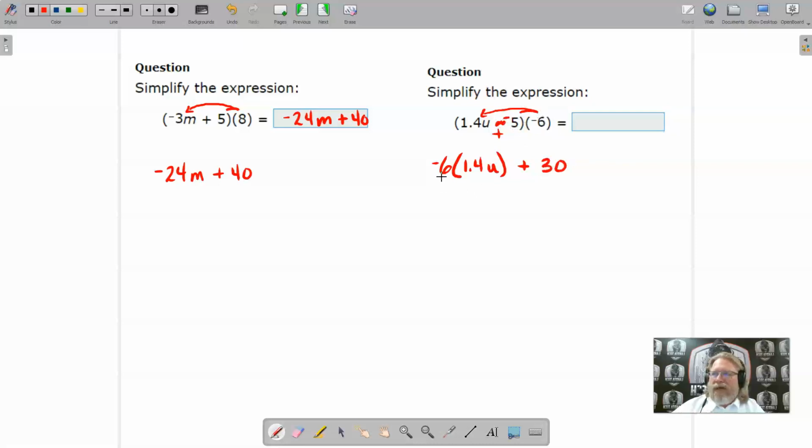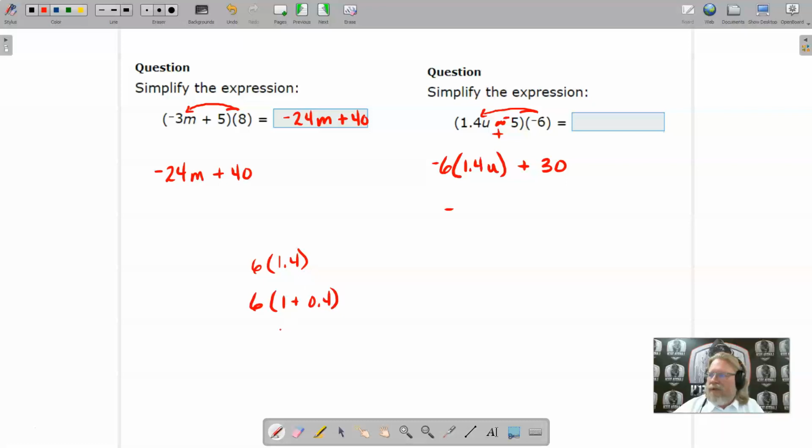So now I need to multiply negative 6 times positive 1.4. So in this case, without doing it with a calculator, let's look at it this way. Let's do some writing on the side. We know it's going to be negative. Negative times positive is going to be negative. So 6 times 1.4. Let's think of this as 6 times 1 plus 0.4.